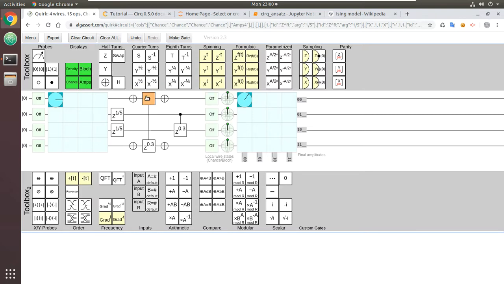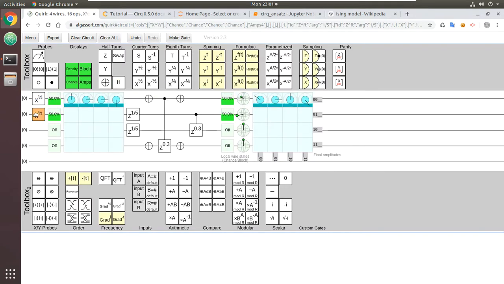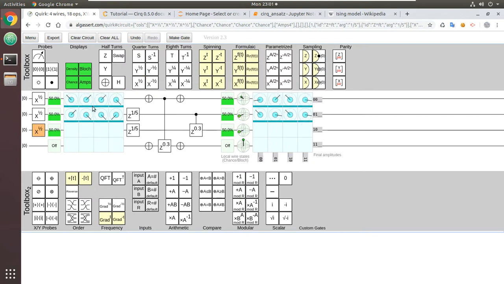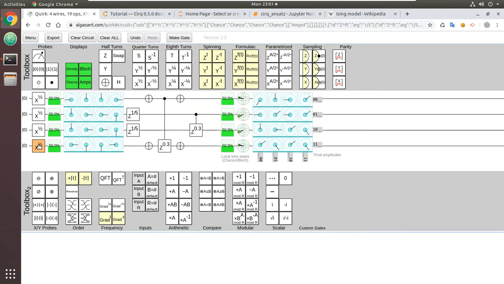Let's say we use these X rotations. Yeah, the amplitudes don't change at all. So you've got literally the same chance to measure each of them. Doesn't make any sense. But maybe it's because of that particular setup.